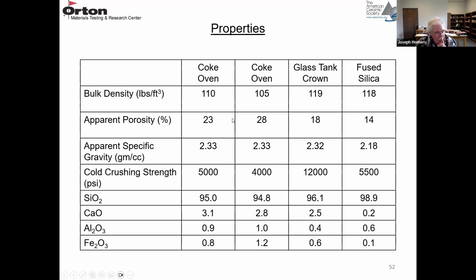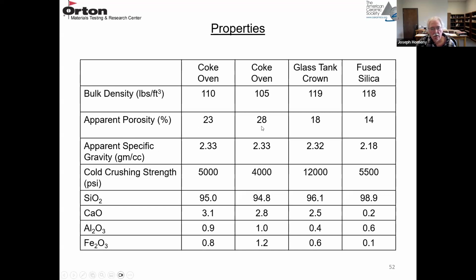So the last slide I have here, some of the key properties. Coke ovens. So silica refractories are commonly used to line coke ovens and the roofs of glass tanks. Bulk density is usually in pounds per cubic foot. These are the bulk densities, 110, 105, 119.